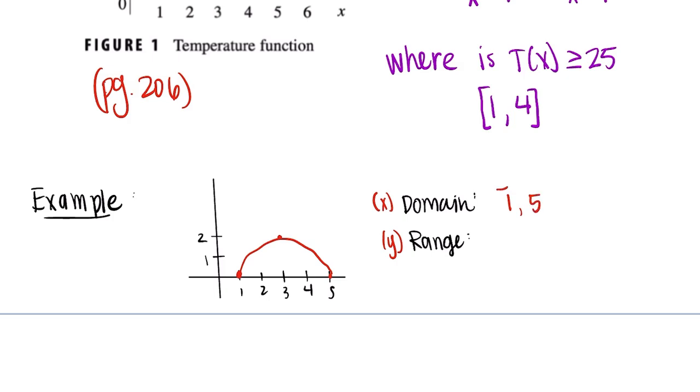And because I didn't draw an open circle on those, we're going to do square brackets. And then for the range, what's the smallest y value? 0. What's the biggest y value? 2. And because I didn't have any closed or open circles there, and there are no asymptotes, everything is going to have square brackets.